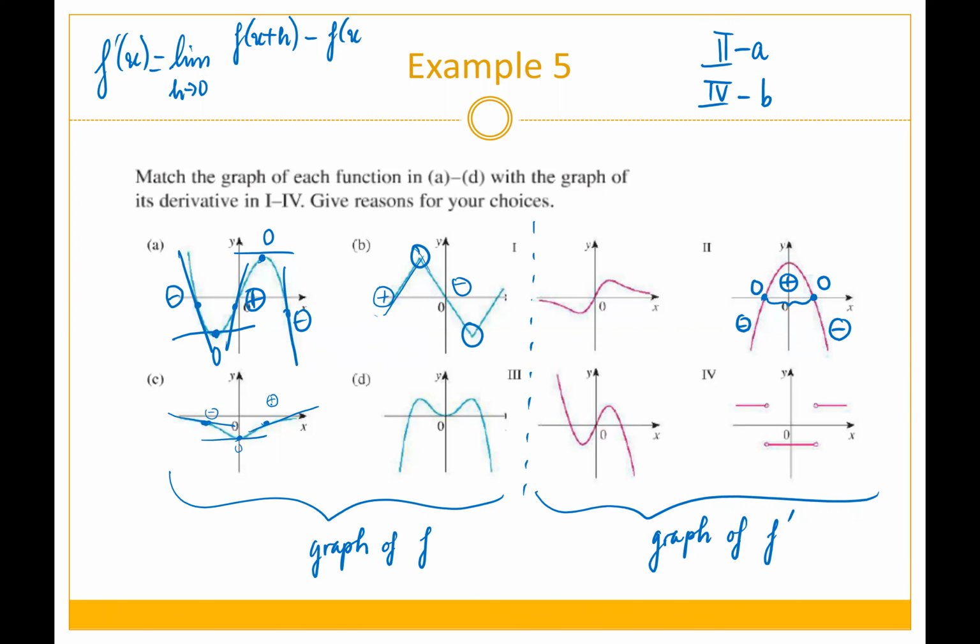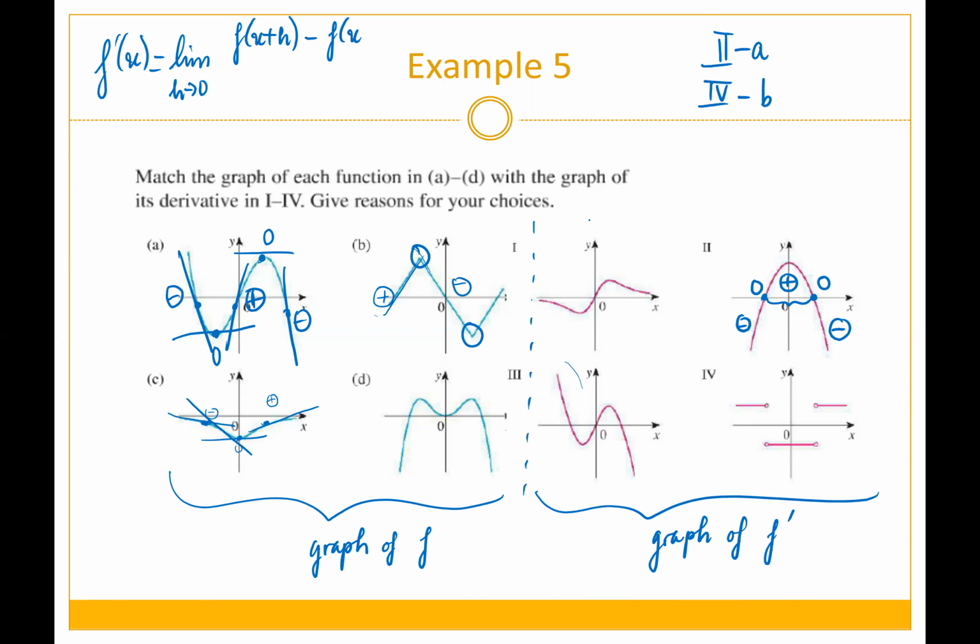Now you look at this here. There are only 2 left. Slightly negative. As you can see here, before it reached this point in the middle, all of the slopes are negative. It goes slightly negative, more negative, and then goes to 0 again. If you look at this one, some part of it is positive, which is not the one.